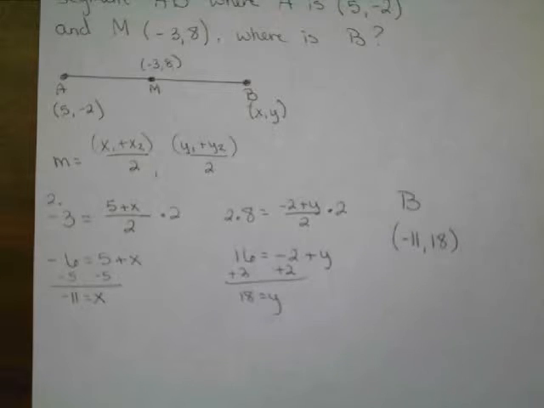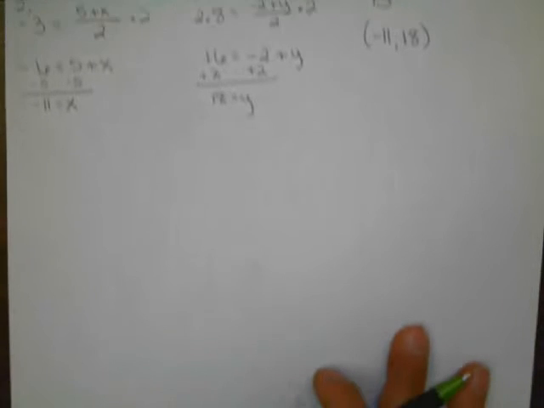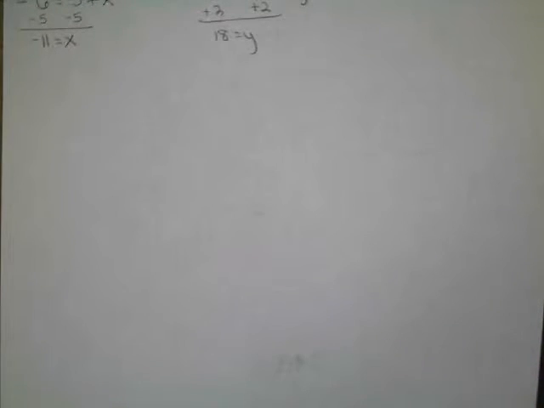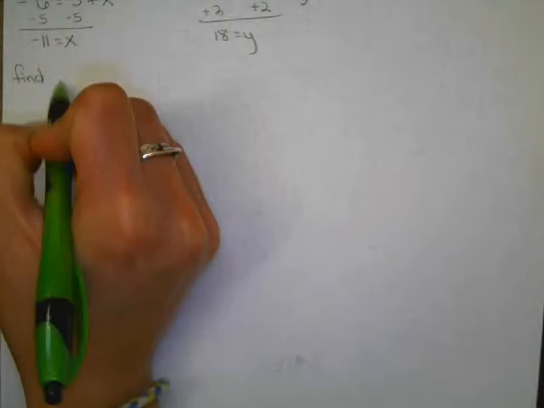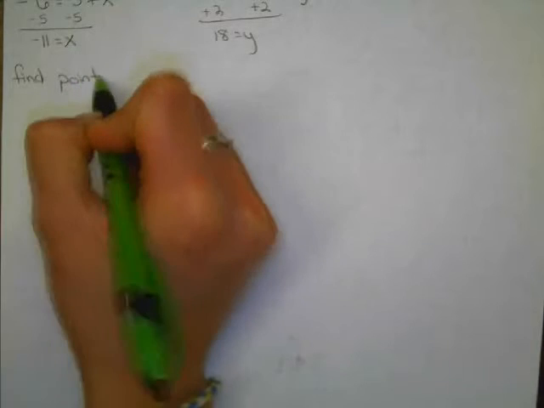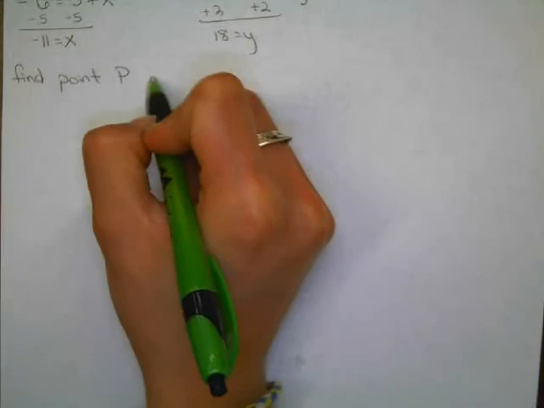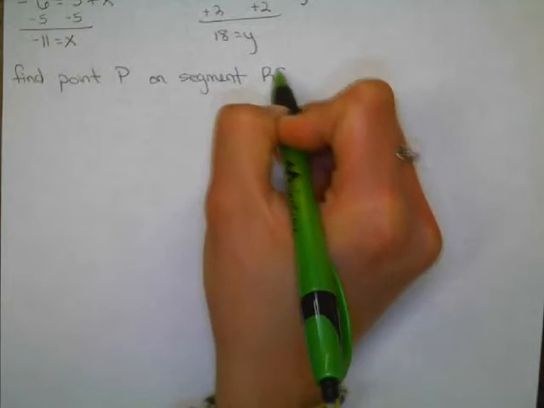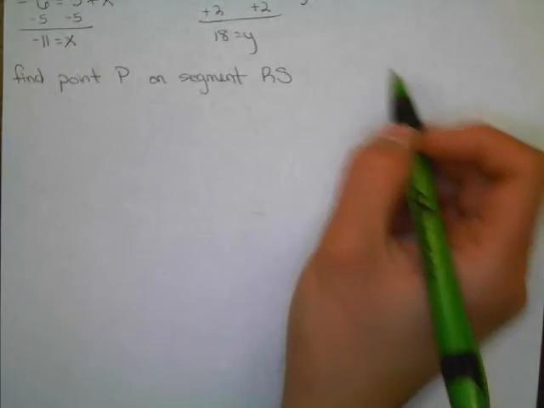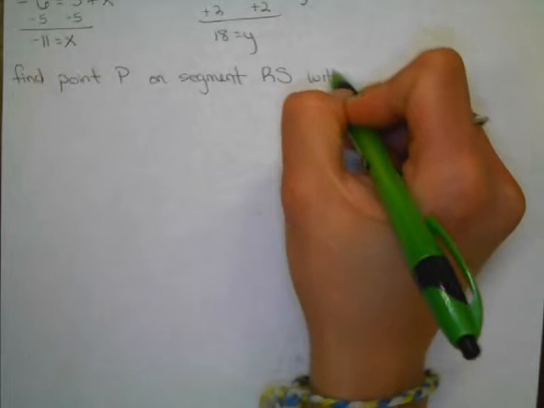We'll do another example. This time we'll do partitioning a segment. Now when you do this, you have a few steps to memorize. So let's say we want to find point P on a segment RS, and we have a ratio of 2 to 1.